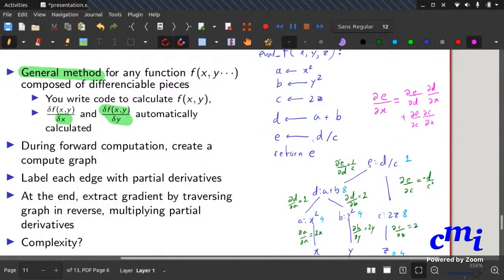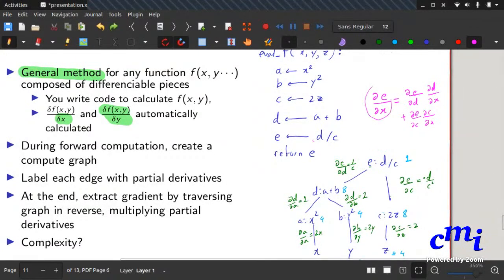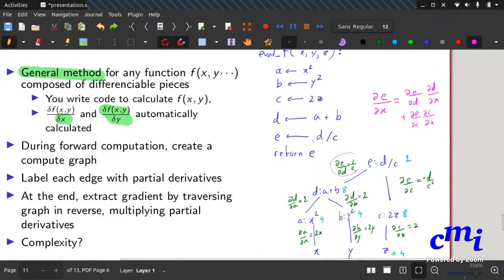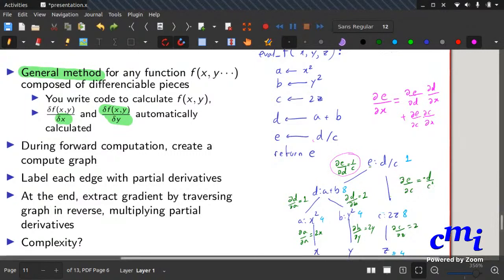So if we know the value here and the value of these partial derivatives, then we can just apply chain rule to get our final partial derivative, right? So we have in some sense reduced the problem of getting this delta e delta x to just getting the partial derivatives of these guys and knowing the partial derivative here, right? Similarly, knowing the partial derivative here by chain rule can be reduced.